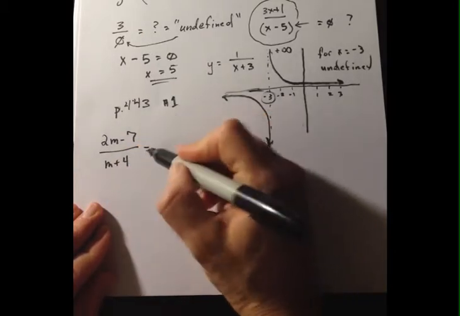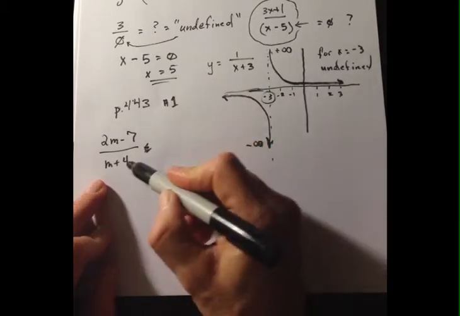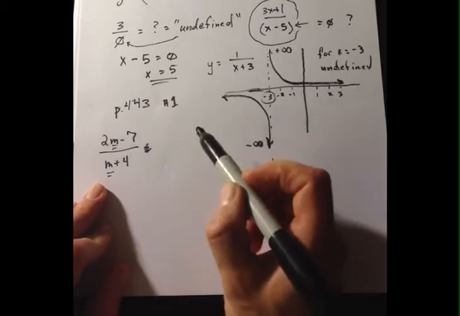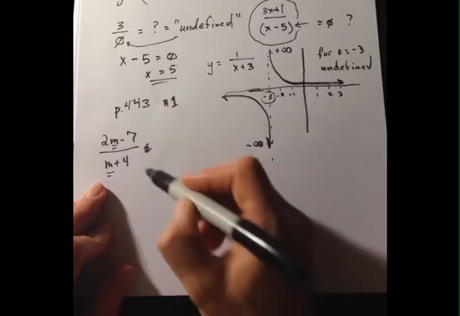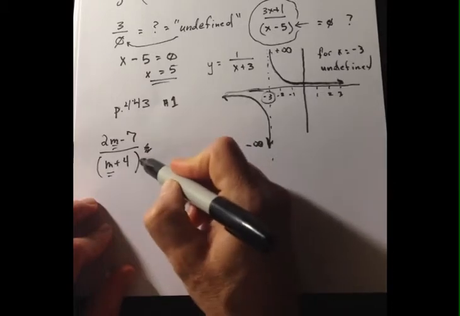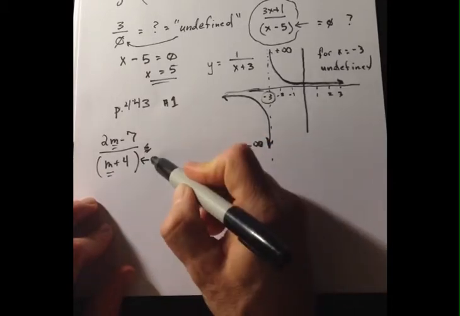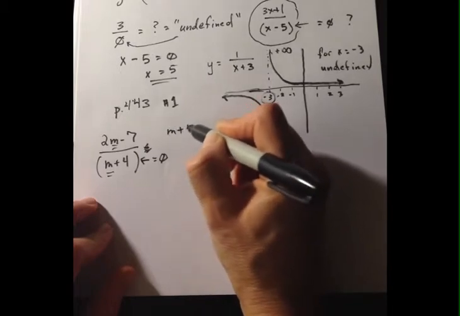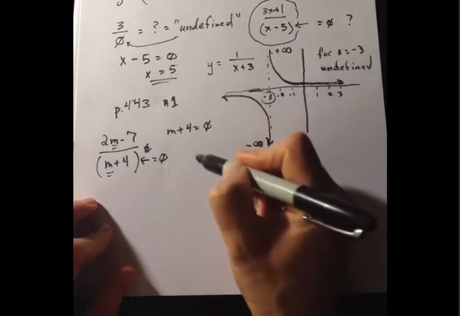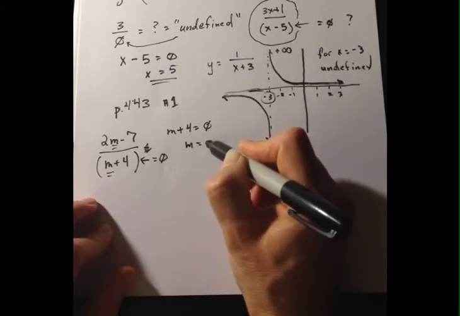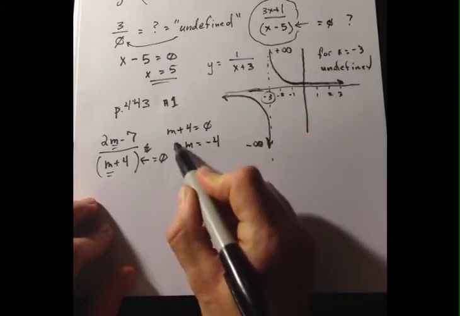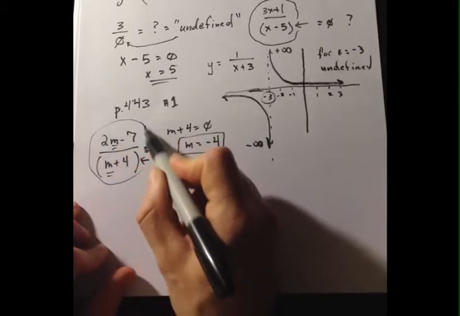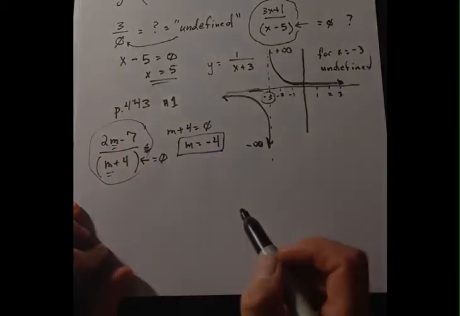Then they ask, for what value of m is this expression undefined? So once again, we're just going to take the denominator here and set it equal to 0. If we have m plus 4 equal to 0, then we know that m equals -4. So for the value m equals -4, this expression is undefined.